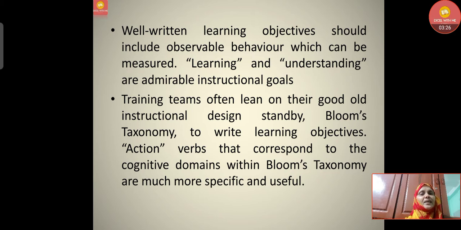Learning and understanding are admirable instructional goals. These are two very important instructional goals which should be achieved by the teacher and the learner. Then training teams often lean on their good old instructional design standby, Bloom's taxonomy, to write learning objectives.